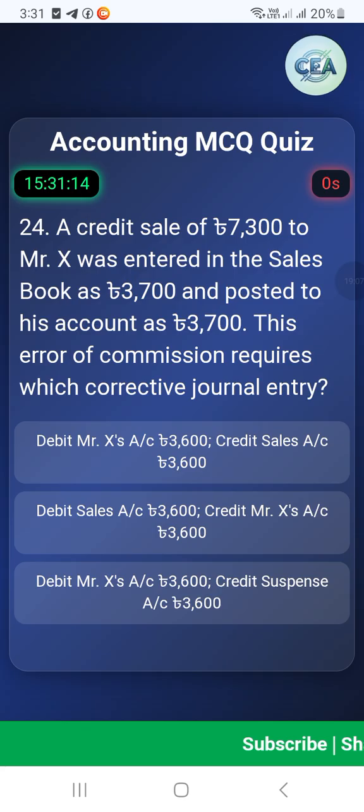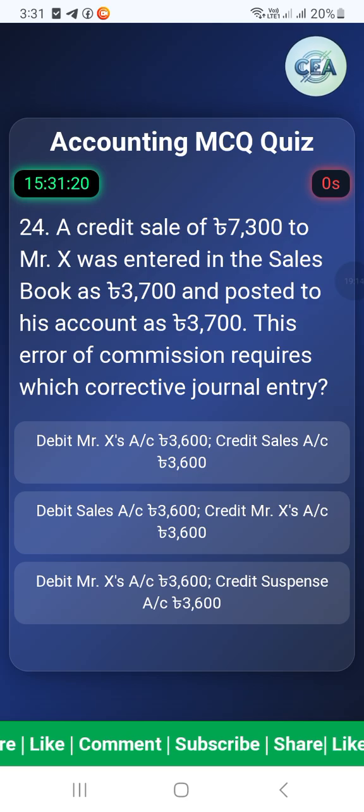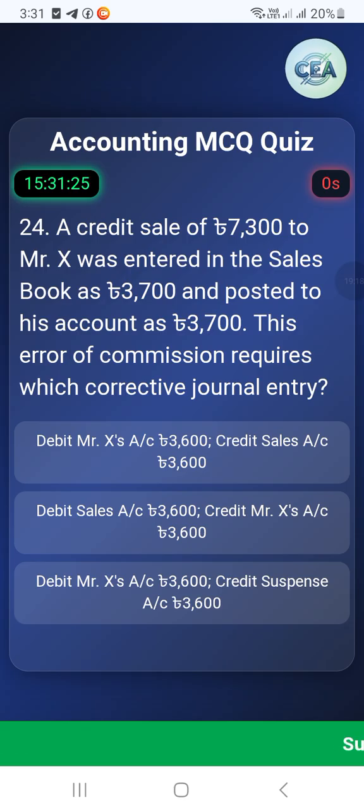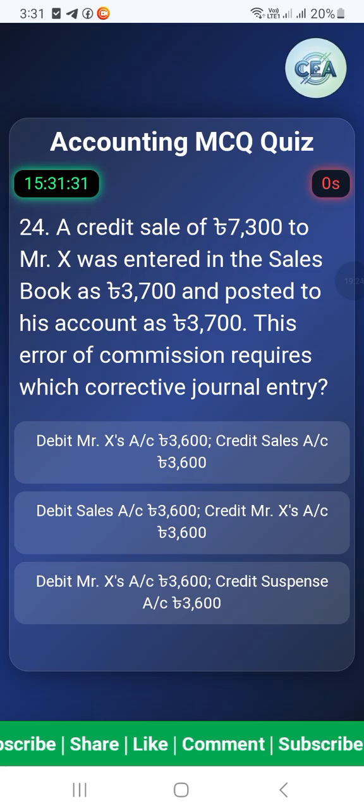Option 2. Debit sales AC 3,600 takas, credit Mr. X's AC 3,600 takas. Option 3. Debit Mr. X's AC 3,600 takas, credit suspense AC 3,600.